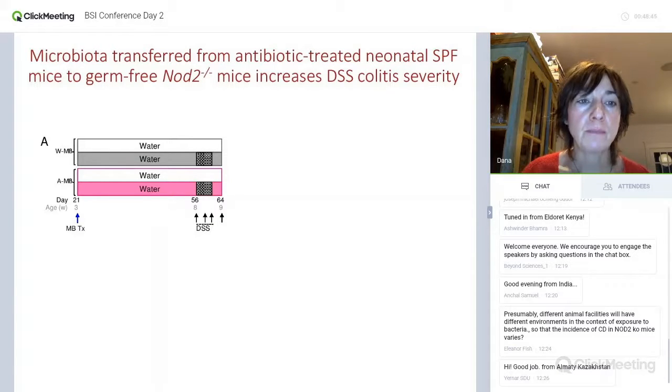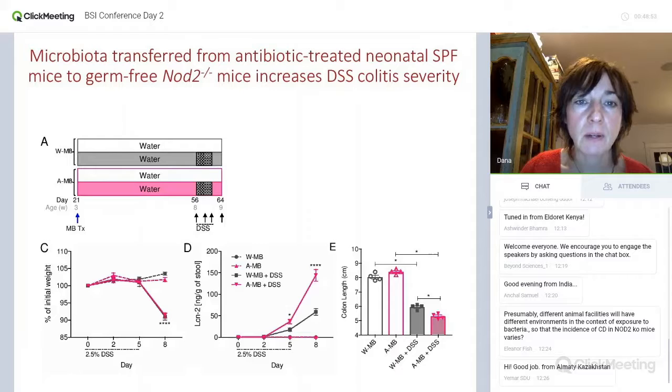We did the microbiota transplant at weaning into germ-free Nod2 knockout mice, and then again performed this colitis experiment later in life. And interestingly, we found that this microbiota was sufficient to drive increased disease in this background.